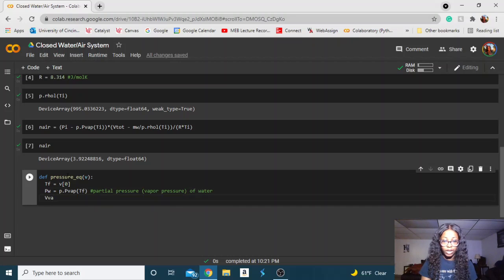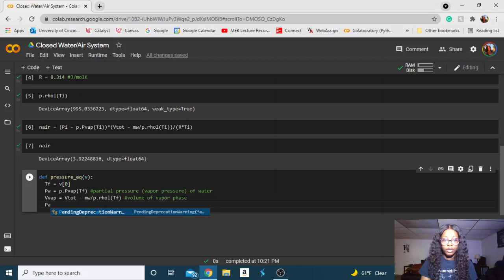Next, I'm going to write the equation for the volume of the vapor phase. And finally, we're going to write the equation for the partial pressure of air.